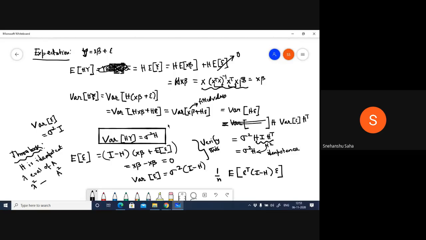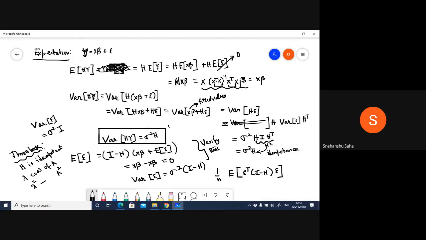So for the matrix H square, the corresponding eigenvalue would be just lambda square. Since H is equal to H square, you can easily equate the two, and you can see that the eigenvalues of an idempotent matrix, strictly idempotent matrix restricted to the index of 2, have eigenvalues either 0 or 1. Okay, all right.